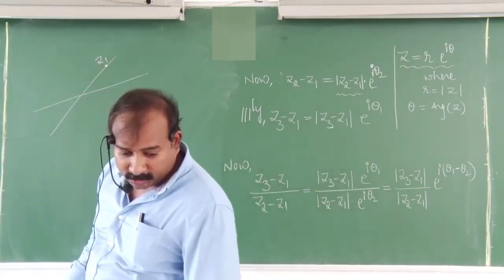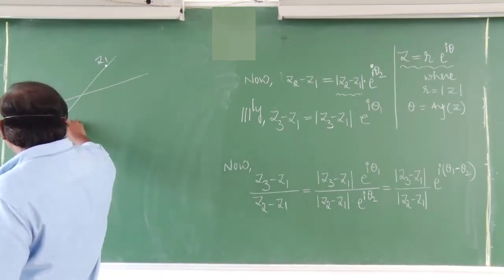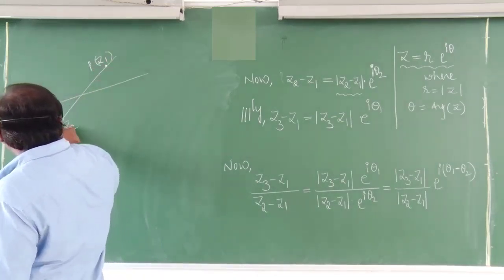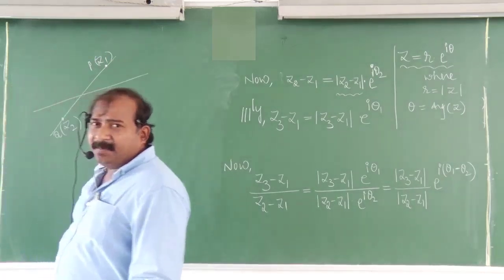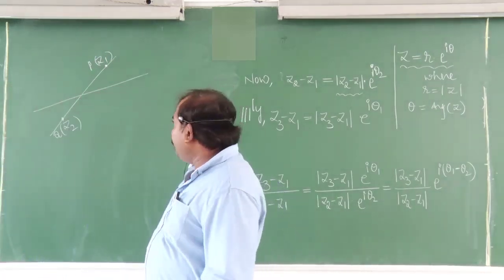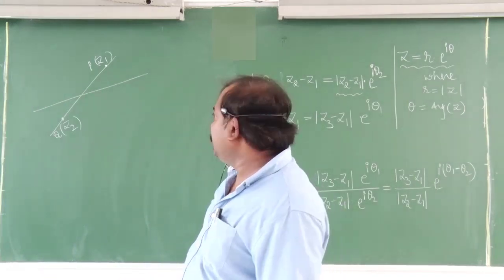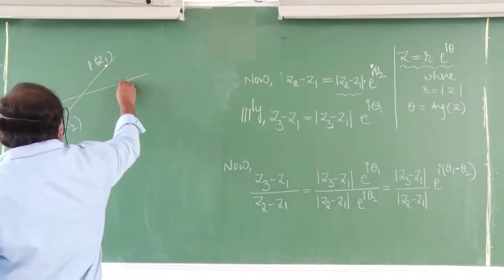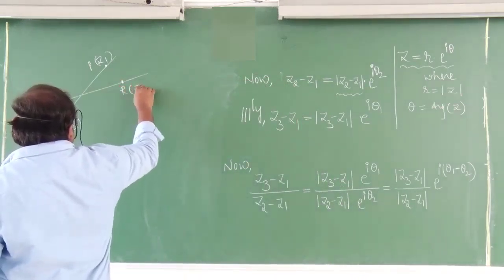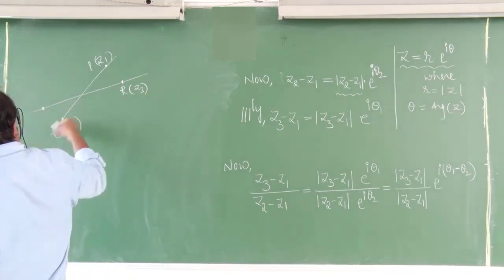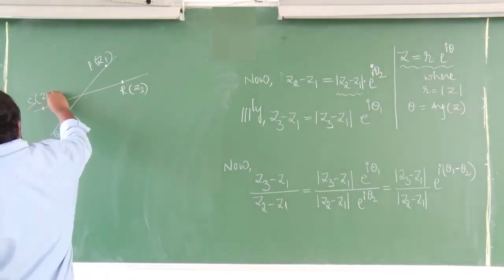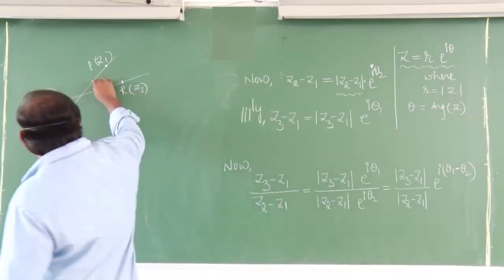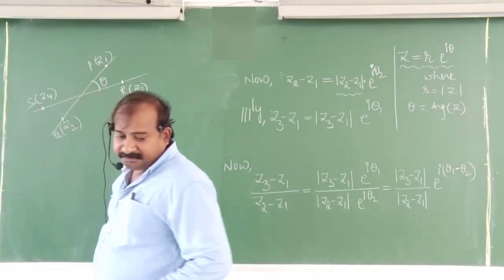Let this be Z1, let this be Z2, P of Z1 they gave. Here P is one point in the complex plane or Argand plane, represented by the complex number Z1. Next, let R be the point Z3, and S be the point Z4, and between them the angle, let this be theta.